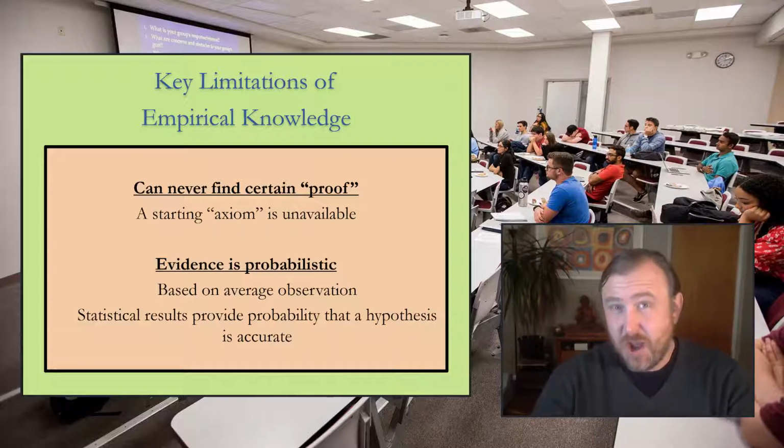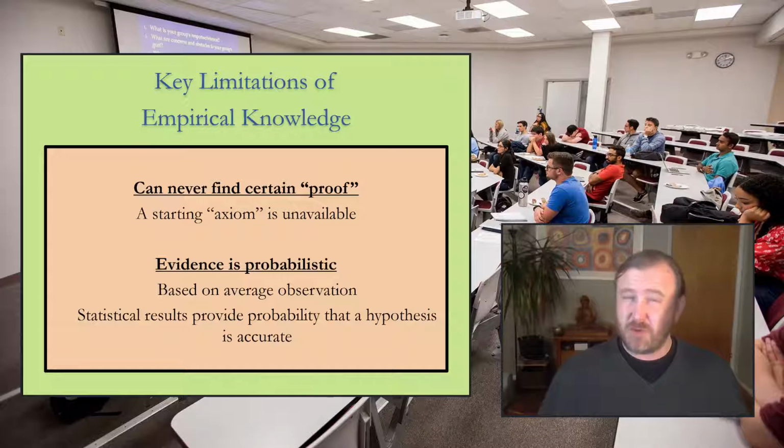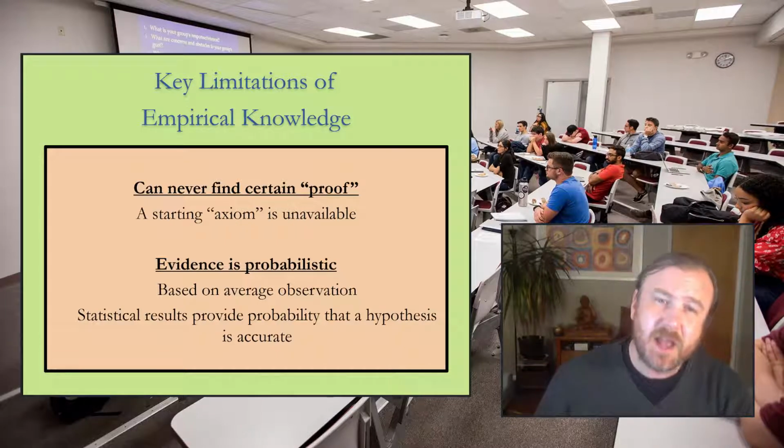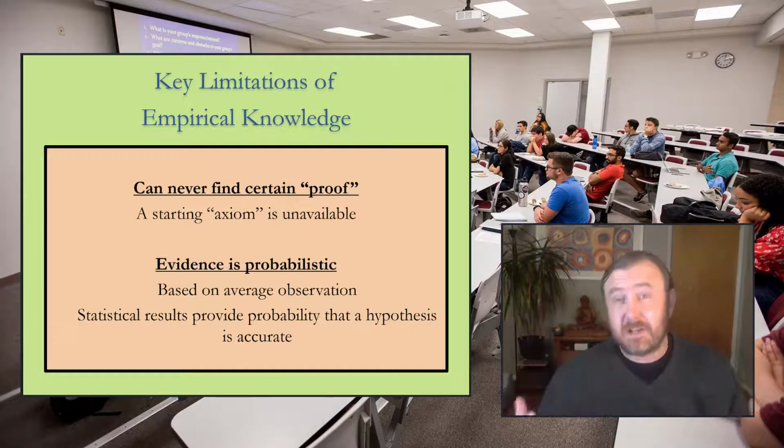That may be shocking, but this is true. Science does not prove. Proving things comes from the proper application of the rational inductive process, right? So proofs from geometry, those are proving things. And proof requires starting with an axiom that is definitely true.